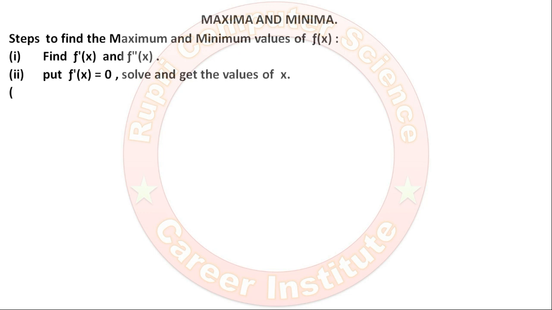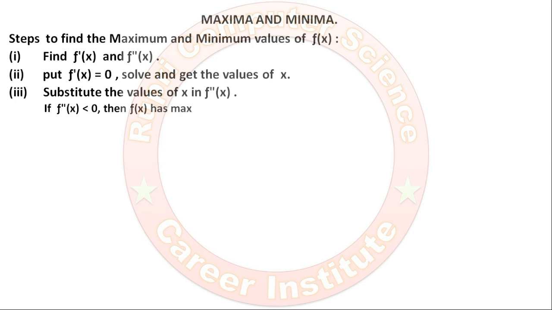If f''(x) is less than 0, then f has maximum value at x is equal to a. And if f''(x) is greater than 0, then f(x) has minimum value at x is equal to b.